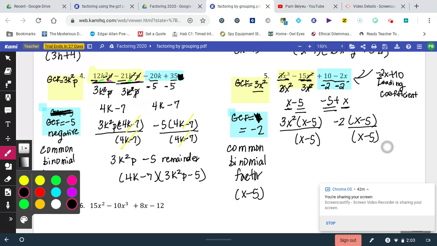So these cancel. It won't let me do anything else besides what's on here. These will cancel. So that leaves me with 3x squared. These will cancel, leaving me with negative 2, and that's my remainder.